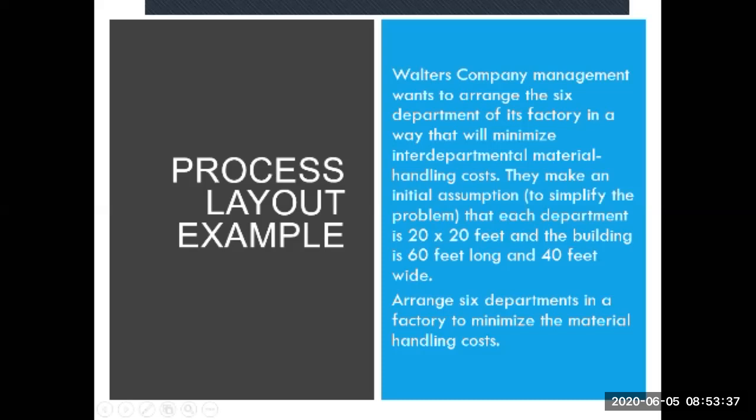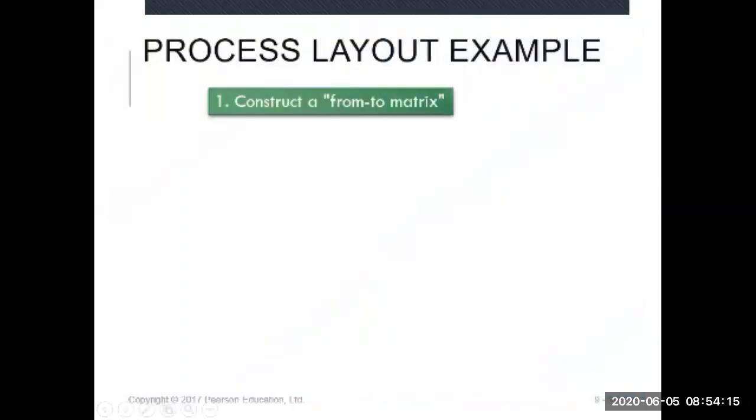The objective is to minimize the interdepartmental material handling cost as usual, to design the process layout to minimize the material handling cost. Each department has the same area. The building space is 60 feet long and 40 feet wide. Now we would like to arrange the 6 departments in the factory so that we can minimize the material handling cost.